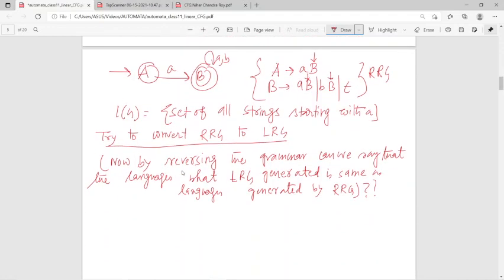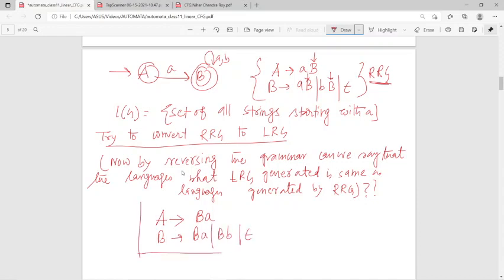First we have to convert this. We are getting this right regular grammar. You have to convert it into left regular grammar. If we want to convert it, from this A, the variable is present at the right side, so we write that variable on the left side. And from B, we will get Ba, Bb, or epsilon.